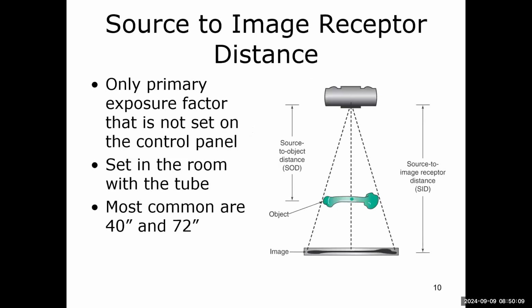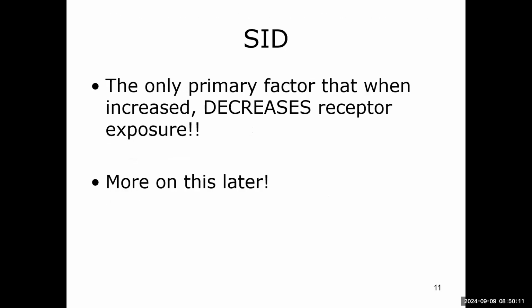So when we look at source to image distance, it is the only primary factor that when you increase it, it decreases receptor exposure. So far, if we increase mA, we increase receptor exposure, right? If we increase the time, we increase receptor exposure.